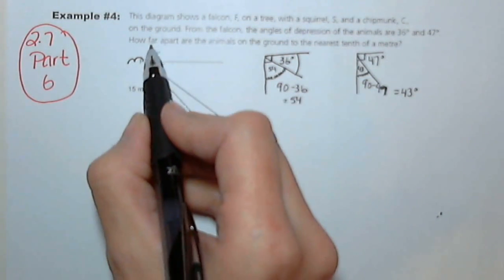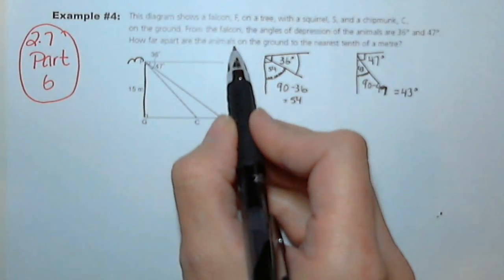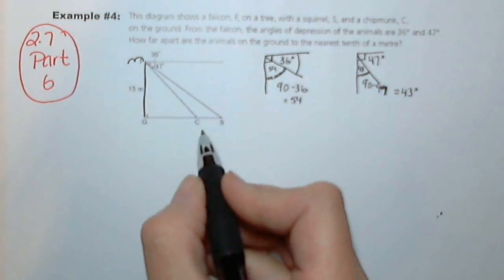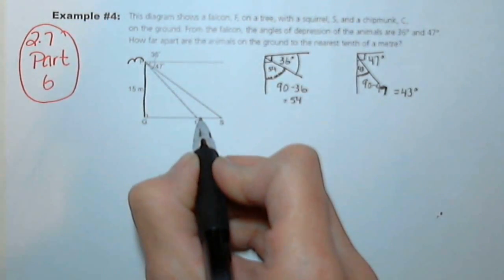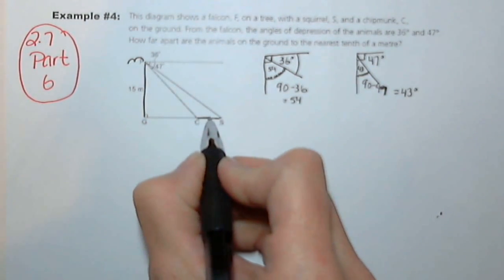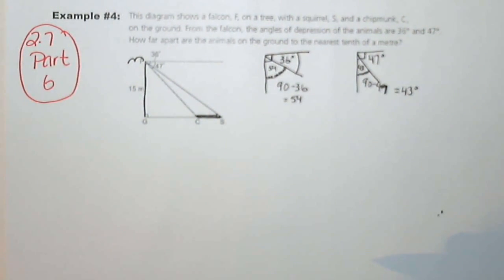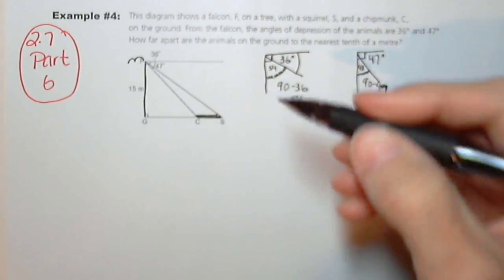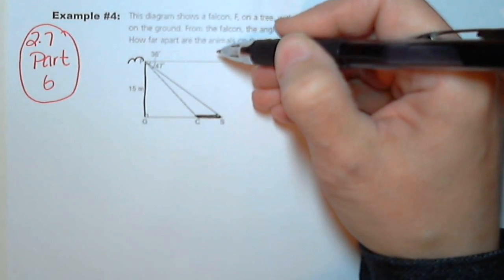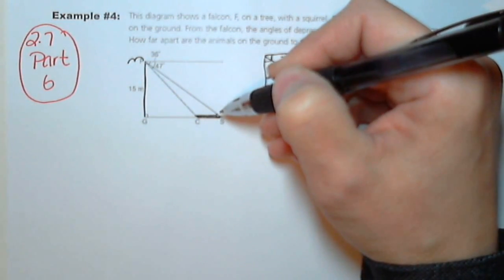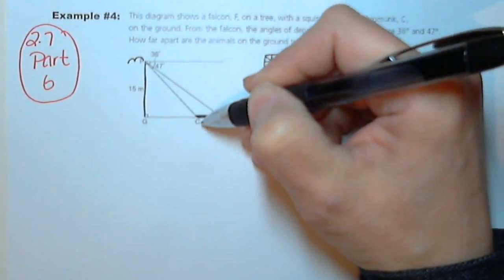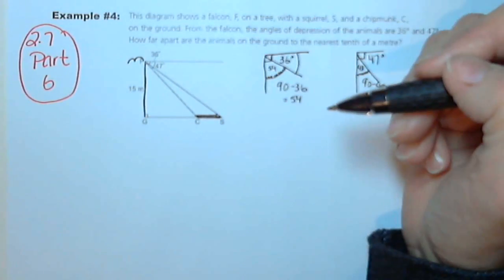And the question says, how far apart are the animals on the ground to the nearest tenth of a meter? So I'm actually looking for this distance right here. Now, if I was to use the trick I did last time, where I drew my triangle up, it doesn't work as well because I want this little distance here, which is a little harder to show on top here.